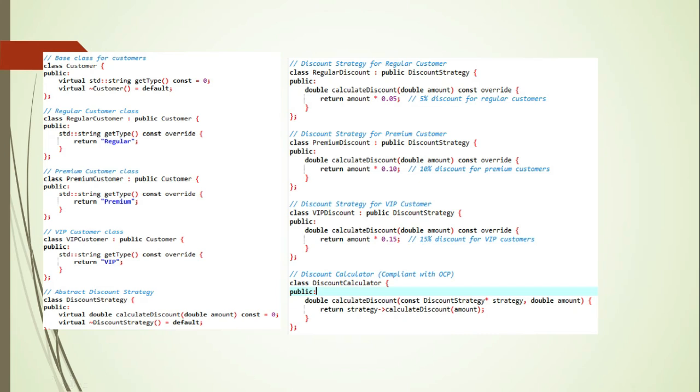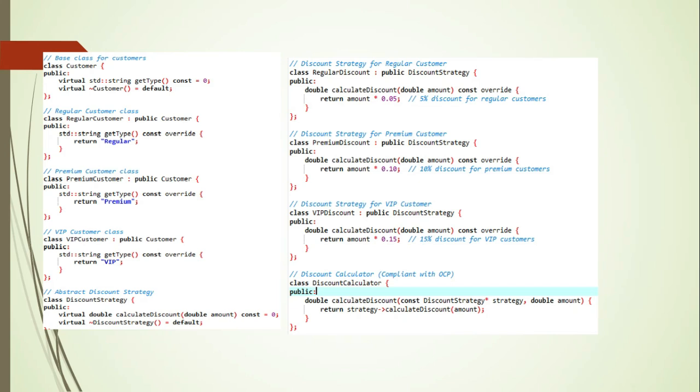The specific discount calculation for different customer types is implemented in derived classes like regular discount, premium, and VIP. Each discount strategy is encapsulated in its own class. These classes each define their own specific discount calculation logic.